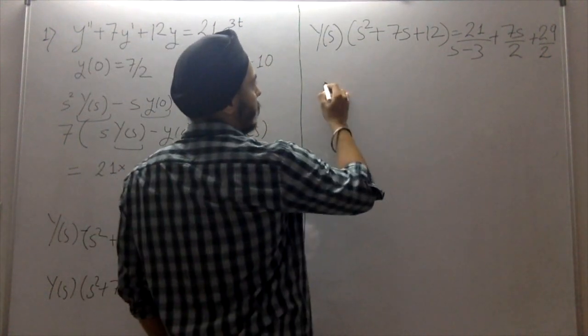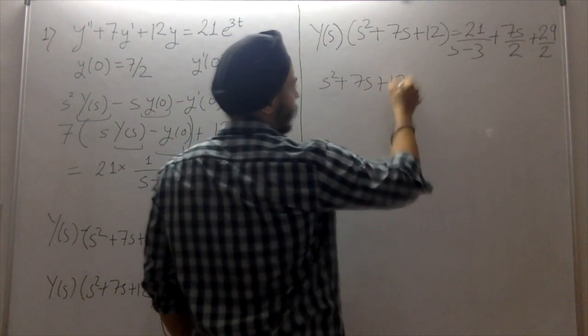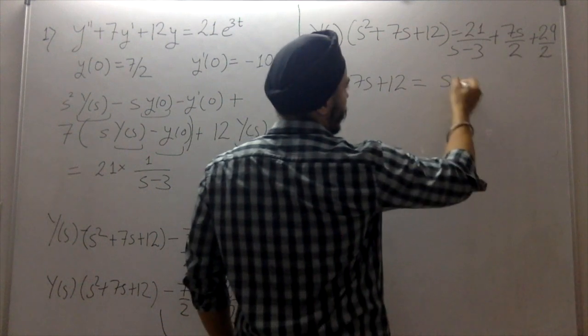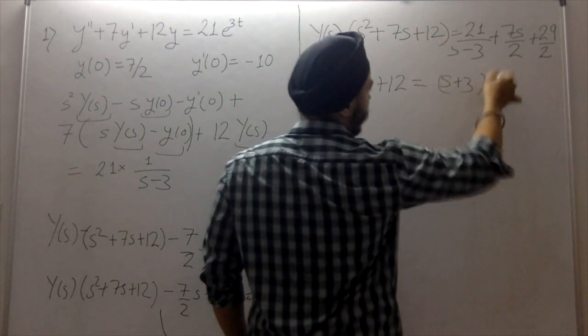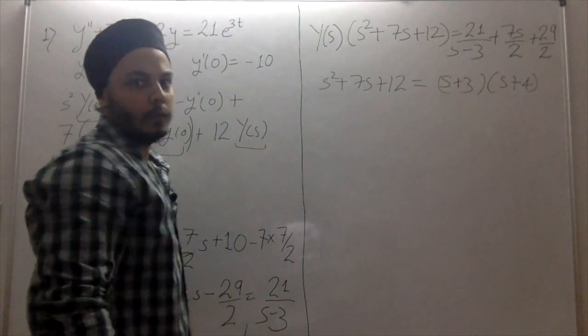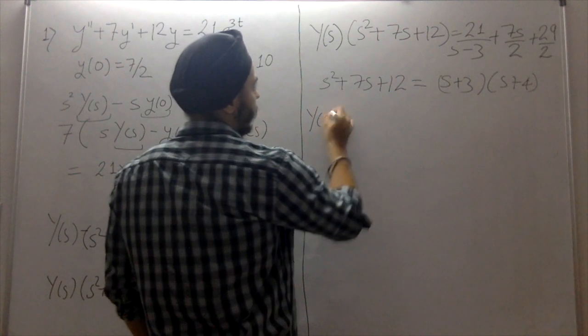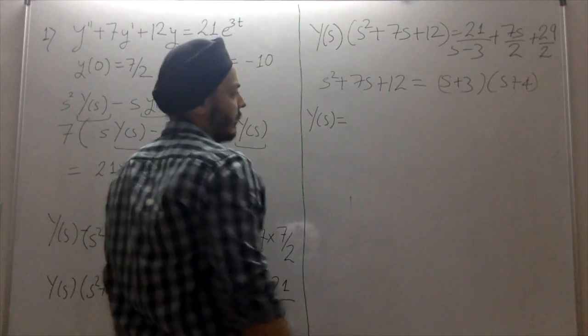Now we can write s square plus 7s plus 12 as s plus 3 into s plus 4.